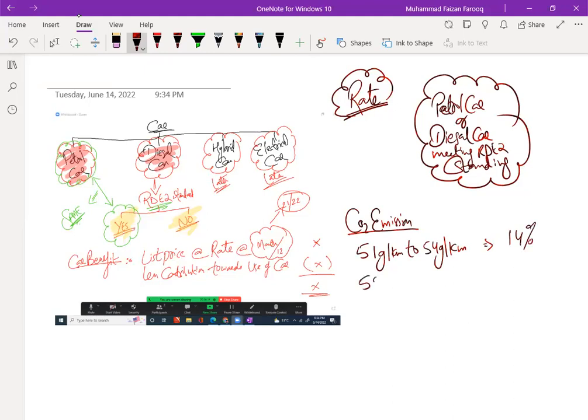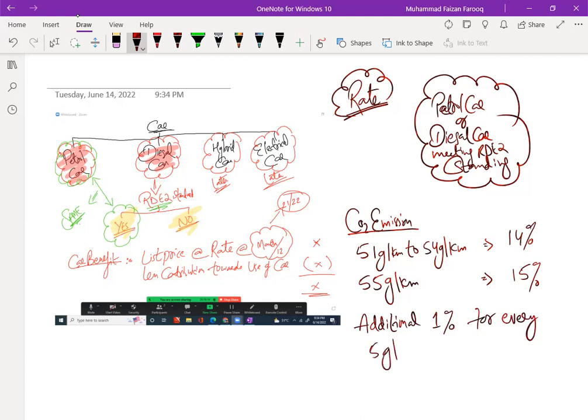If the carbon dioxide is exactly 55 grams, the rate will be 15%. And if it is in excess, there is an additional 1% for every 5 grams. We are going to do some questions.